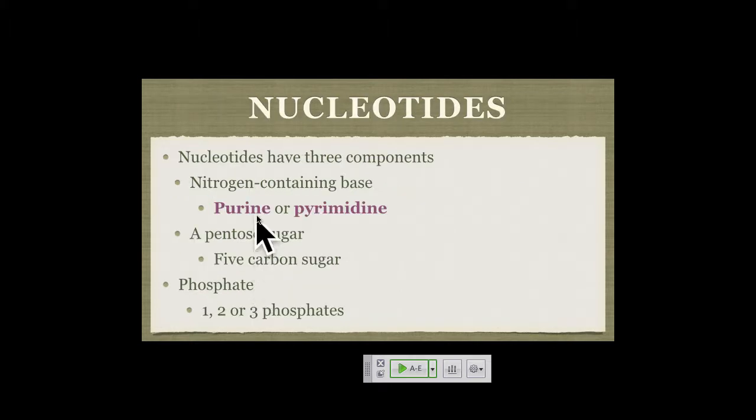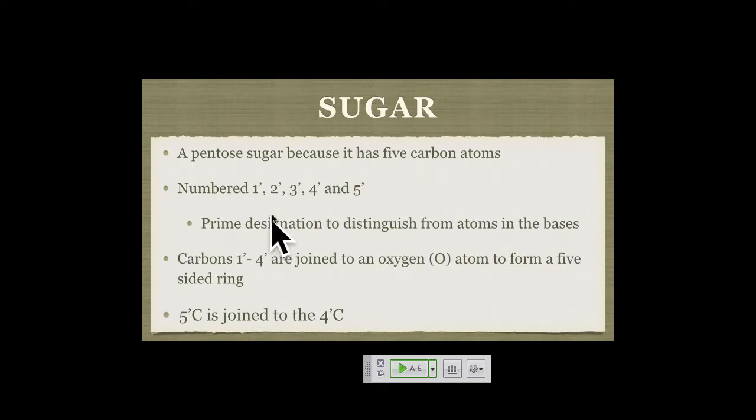Okay. So there are three basic components to those nucleotides. You have the nitrogen-containing base, which is either a purine or a pyrimidine, a pentose sugar, being a 5-carbon sugar, and then phosphates attached to it, either 1, 2, or 3 phosphates. For the sugar, it's a pentose sugar because it's 5 carbons. You've probably heard the terminology 1', 2', 3'.